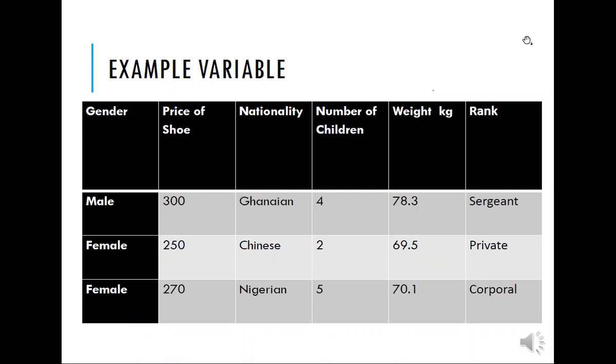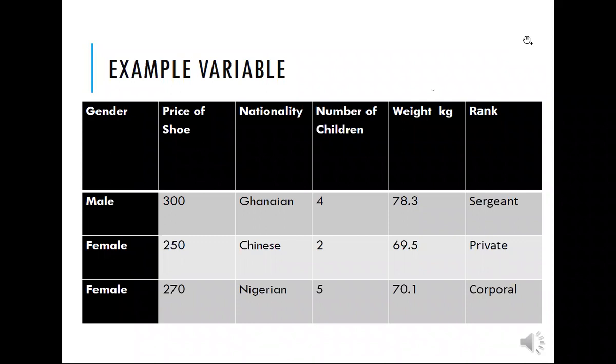Good. Now, the reason why we have different types of data is because the variables themselves are different. So we have numeric or quantitative variables like price of shoe, number of children, weight of people. They are quantitative variables, so they demand figures as answers. So you get quantitative data for quantitative variables.